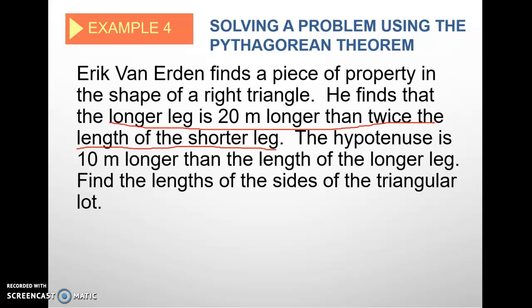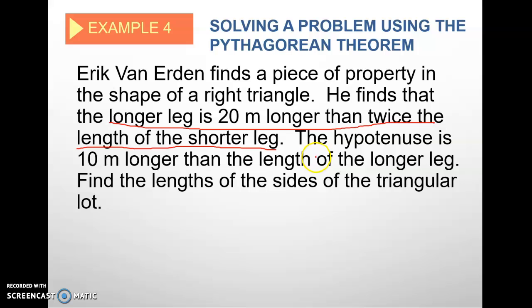Here the longer leg is dependent on the measurement or the representation of the shorter leg. So basically, we have to represent first the shorter leg so that we can represent the longer leg. It's the same with the hypotenuse.